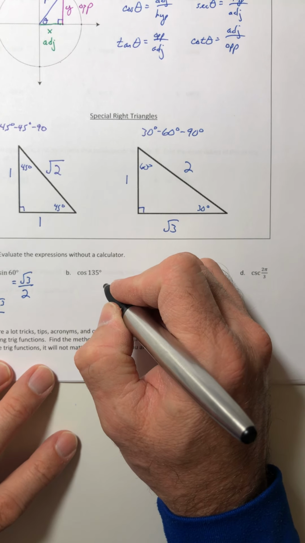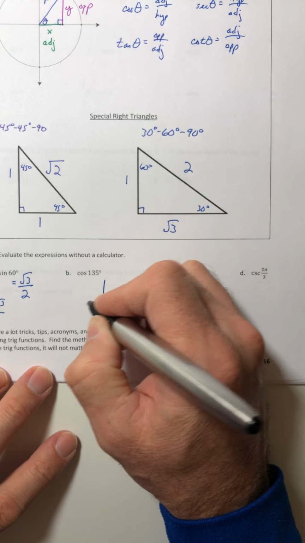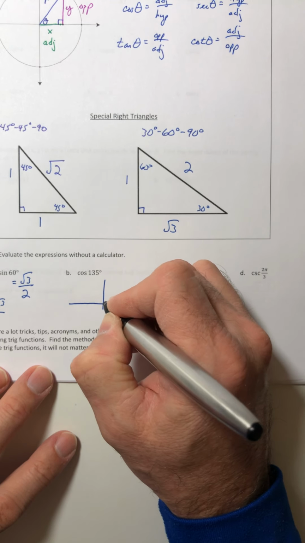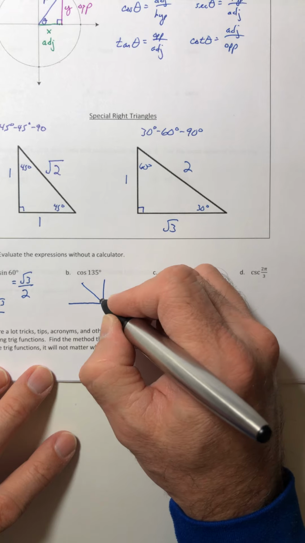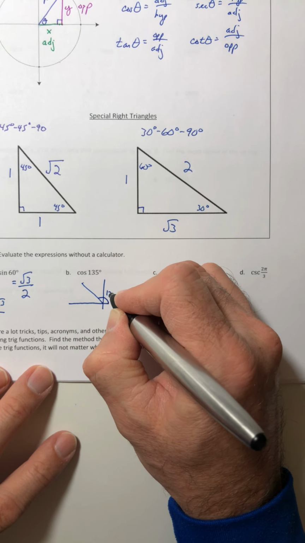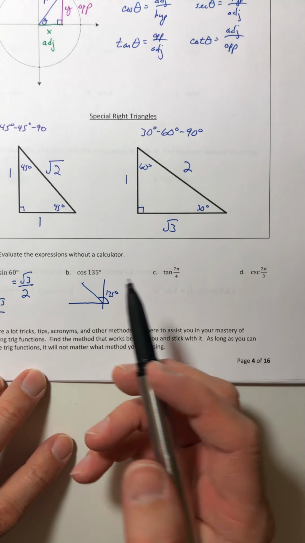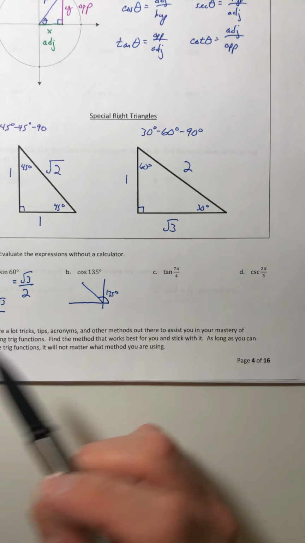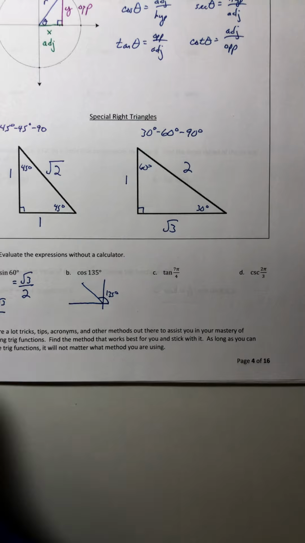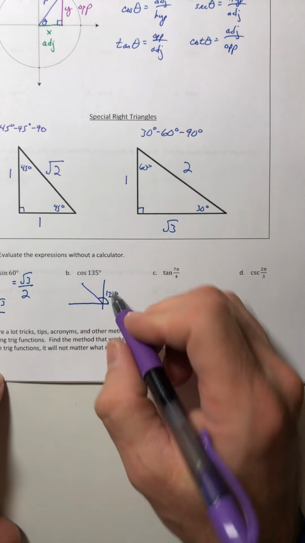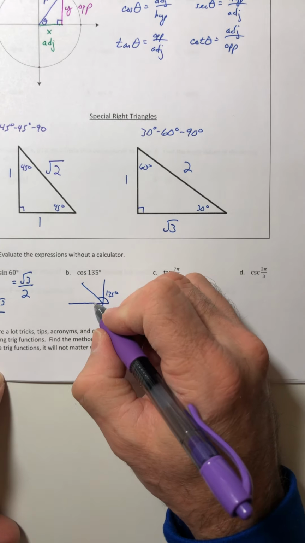Cosine of 135. 135 is in quadrant 2. For angles that are over 90 degrees, you're going to use what's called a reference angle, so you can figure out what angle is actually inside the triangle.